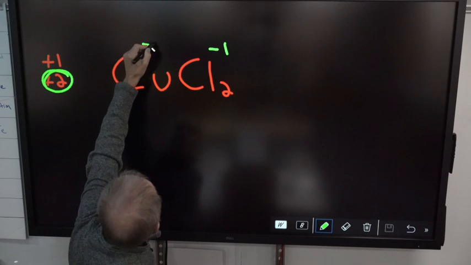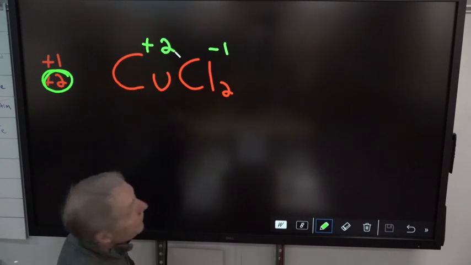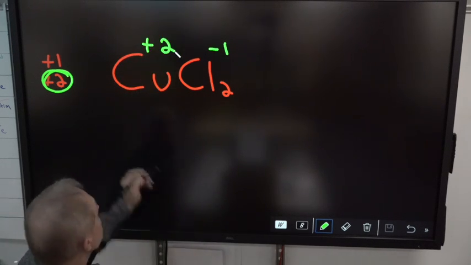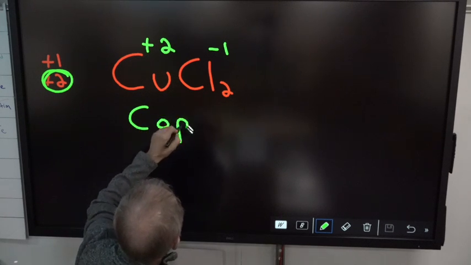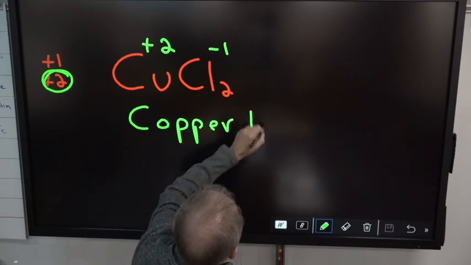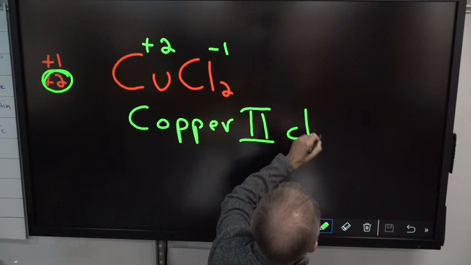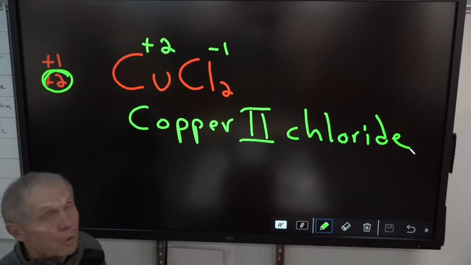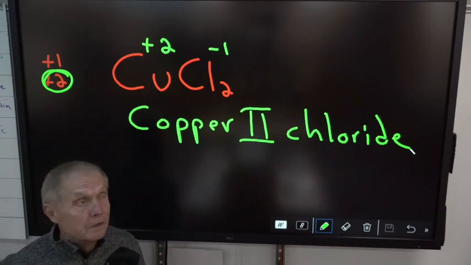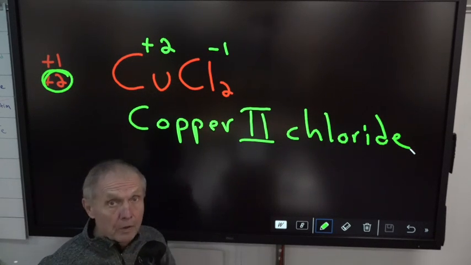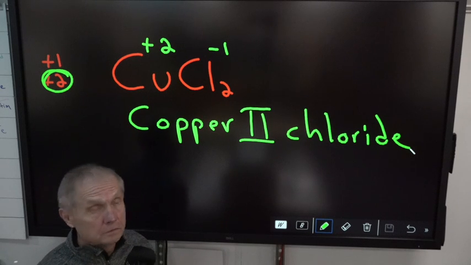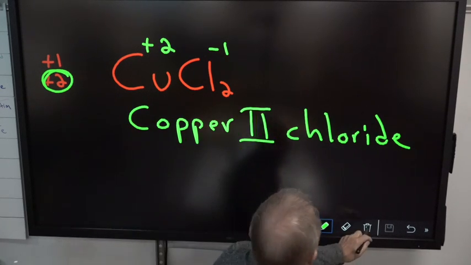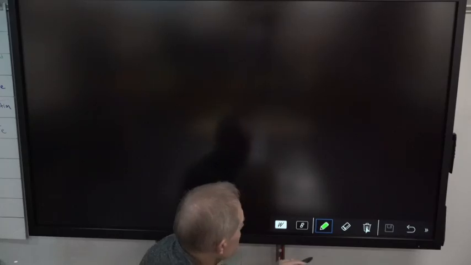So the name would be copper, Roman numeral 2 chloride. Remember, if you just write copper chloride, it's wrong. Okay, let's do another one.